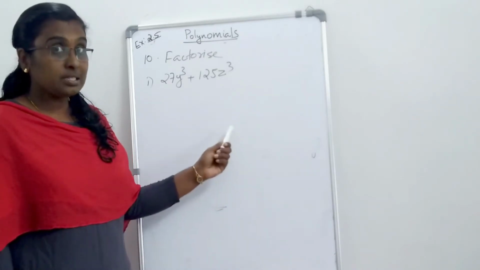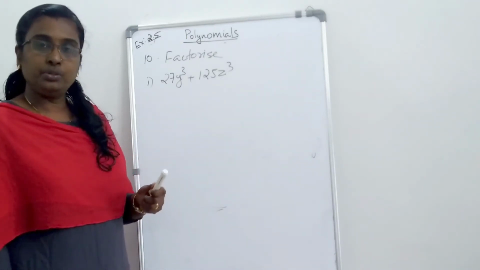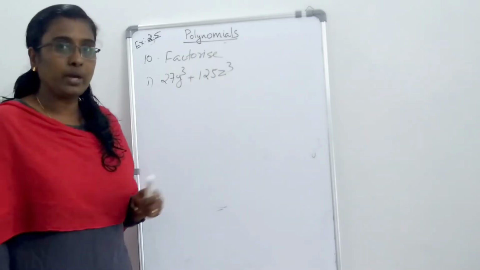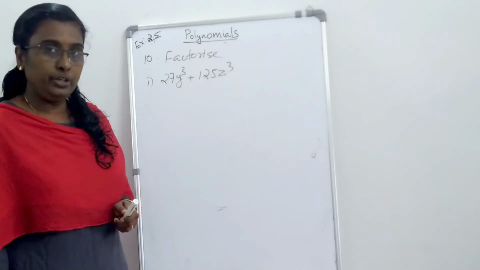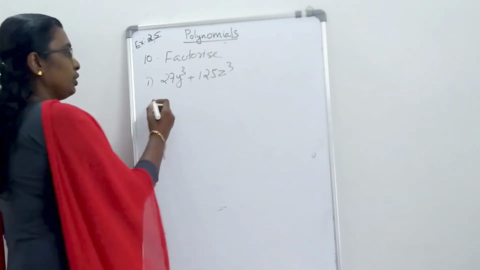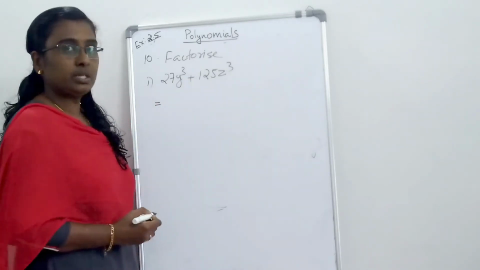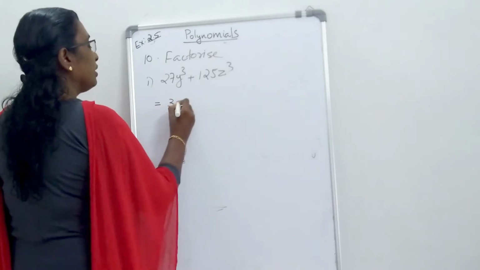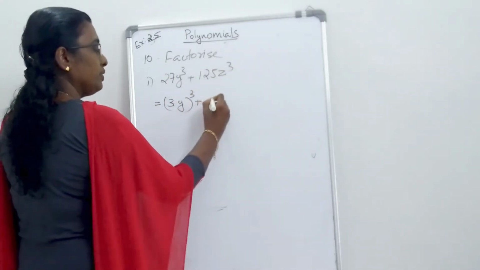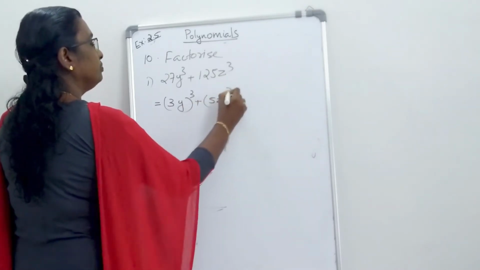You just studied a cube plus b cube is a plus b into a square minus ab plus b square, or x cube plus y cube is x plus y into x square minus xy plus y square. 27y cube can be written as the cube of 3y, the whole cube, plus 125. 125 is the cube of 5, so 5 is the whole cube.